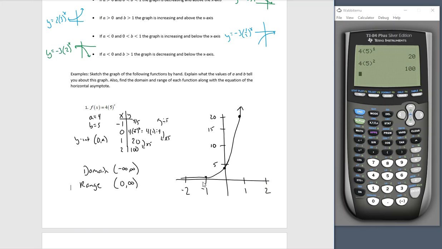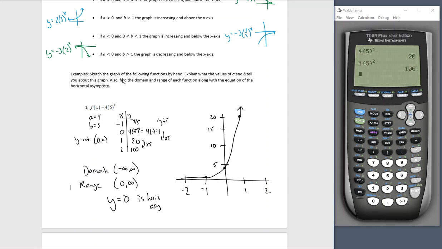And this x-axis is the horizontal asymptote that I mentioned earlier. In this case, y equals 0 is the horizontal asymptote. Horizontal lines always have y equals a number, and in this case, it's 0.